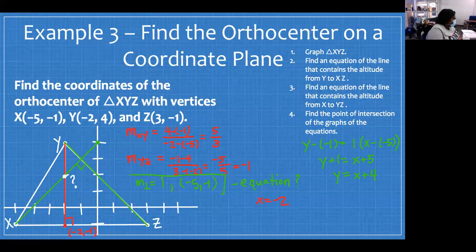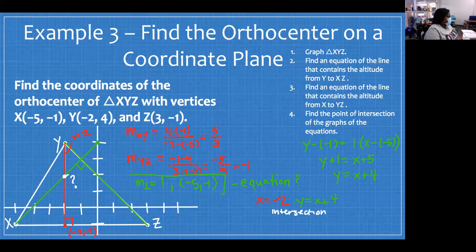So that's this vertical line. So this line is x equals -2. And we need to know where that intersects with y equals x plus 4.